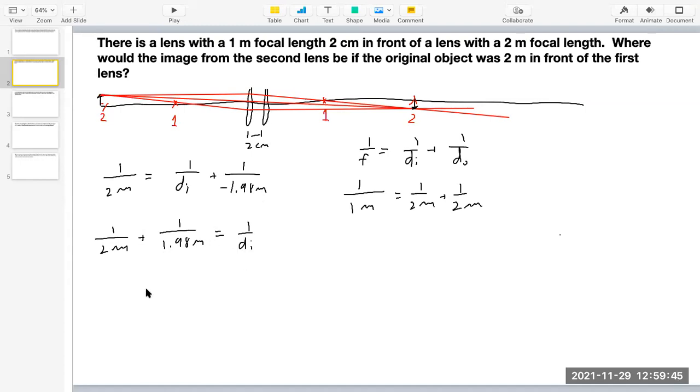So we take the inverse of both sides. And it is 0.995 meters.